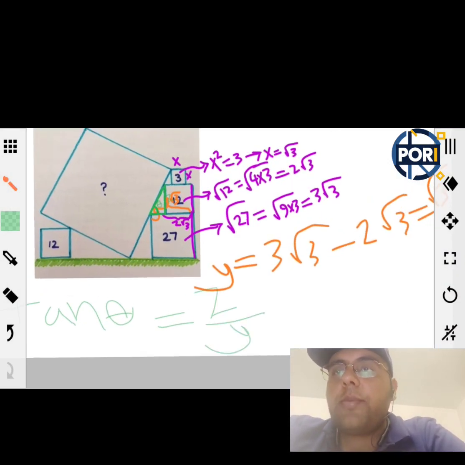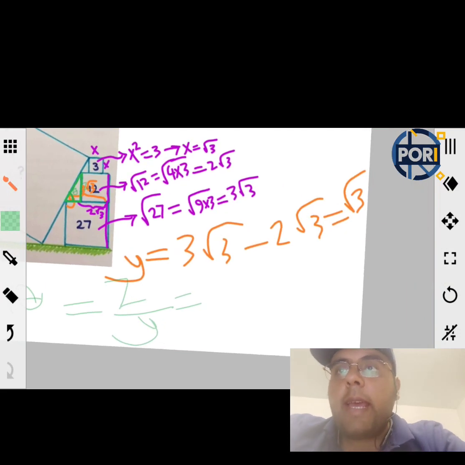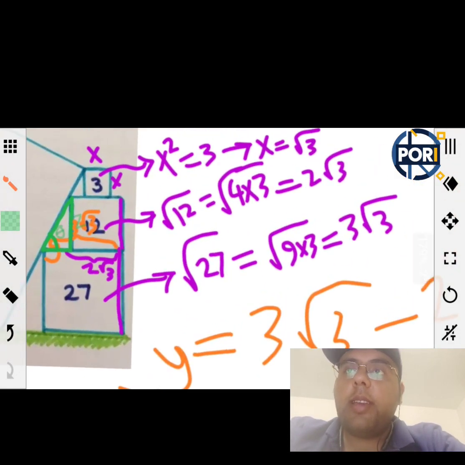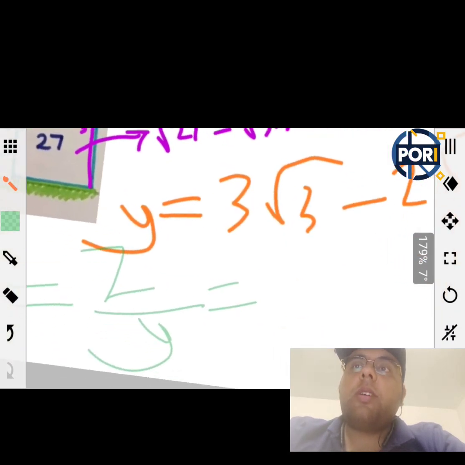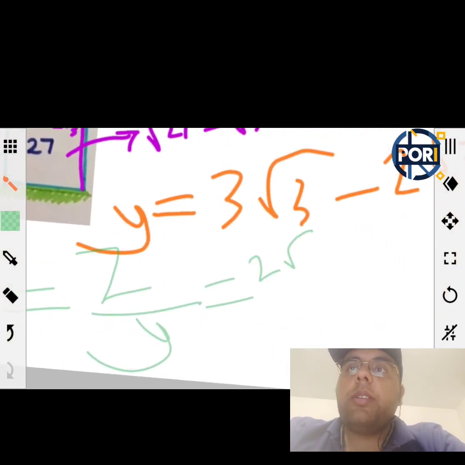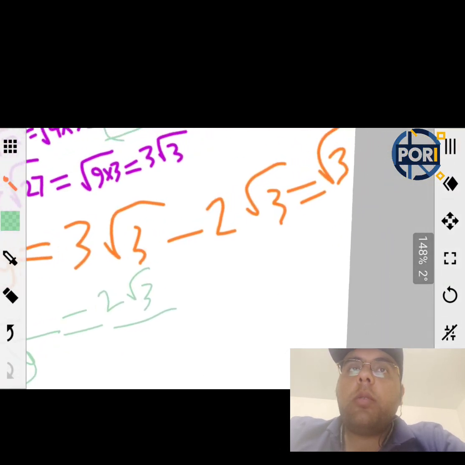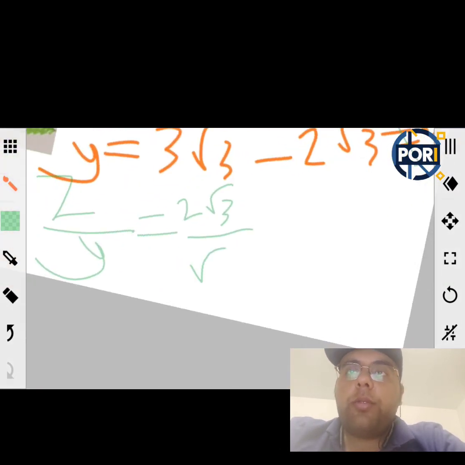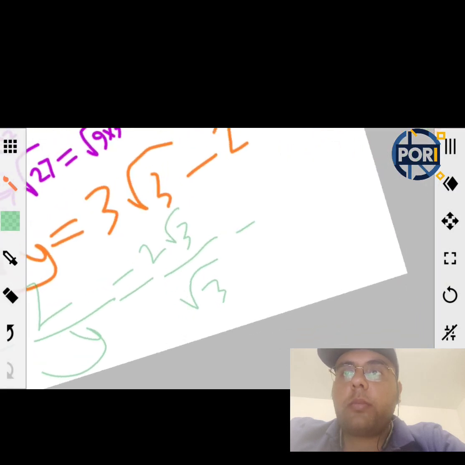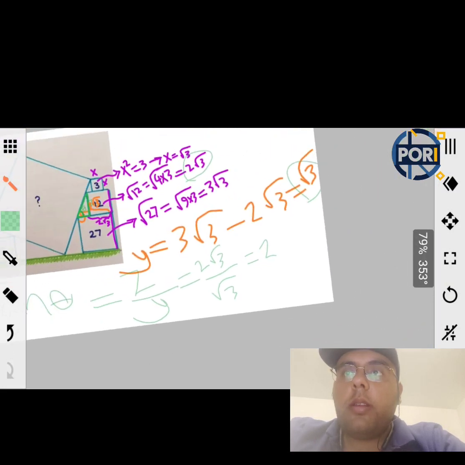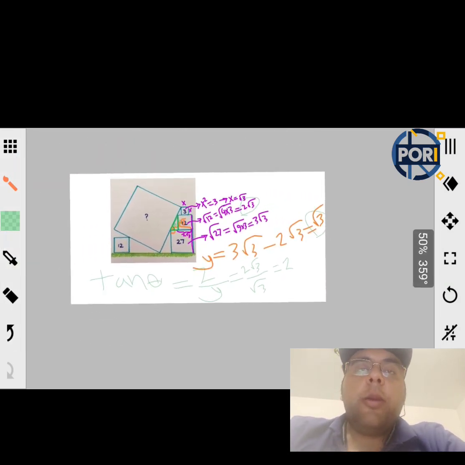So tangent of theta equals 2 times the square root of 3 divided by the square root of 3. When we simplify this equation, we find that the tangent of theta equals 2.